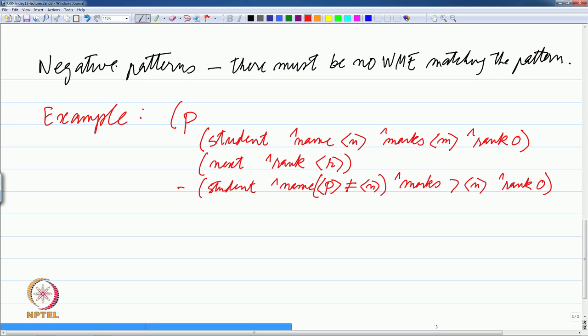Observe that I have put a negation sign before this pattern, which means it is a negative pattern essentially.